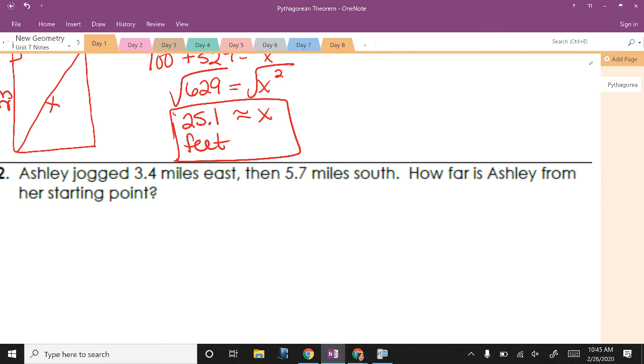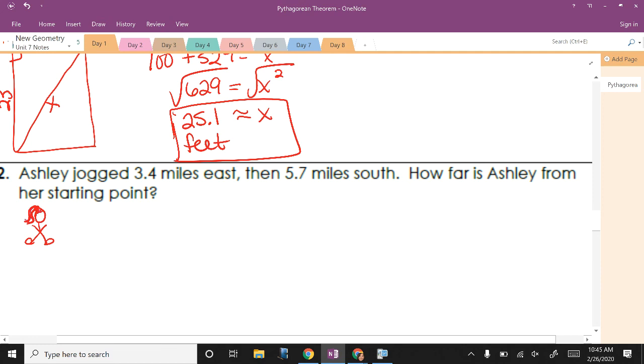Ashley jogged 3.4 miles east and then 5.7 miles south. So here's Ashley. Hey, Ashley. She's got her tennis shoes on. She's got her ponytail going. She's a runner.